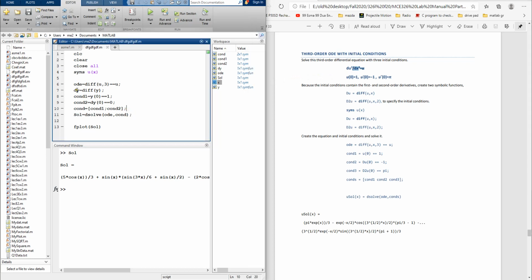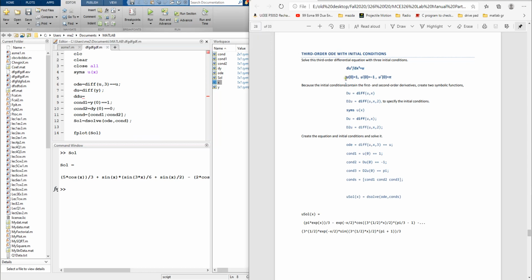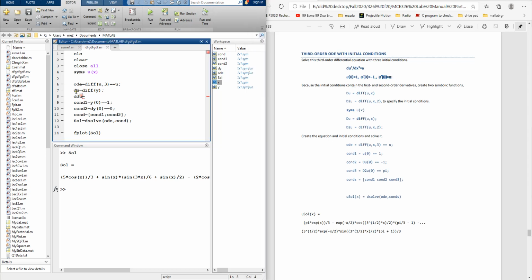Now we need du, the derivative of u, and we need the second derivative, ddu. In the conditions we have u of 0 equals 1, u prime of 0 equals minus 1, and u double prime of 0 equals pi, the second derivative. So du is the first derivative, and ddu is the diff of u, but second order, the second derivative.